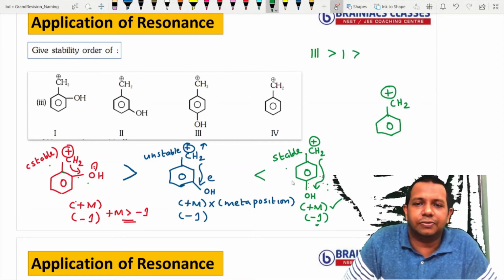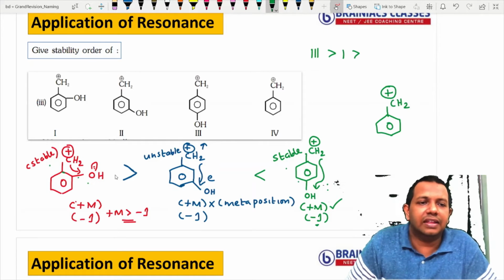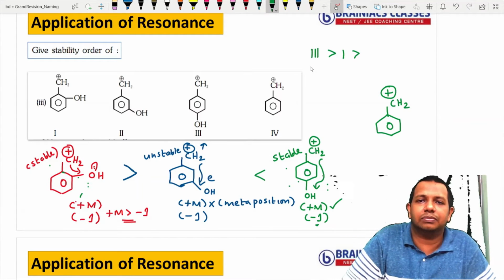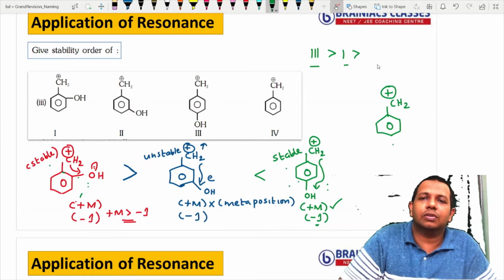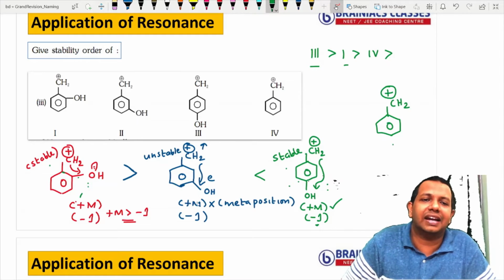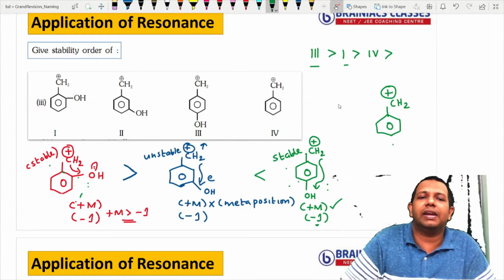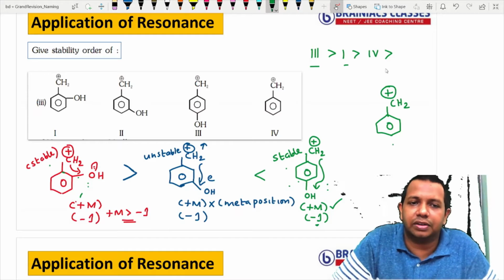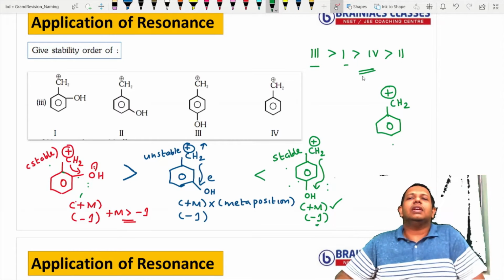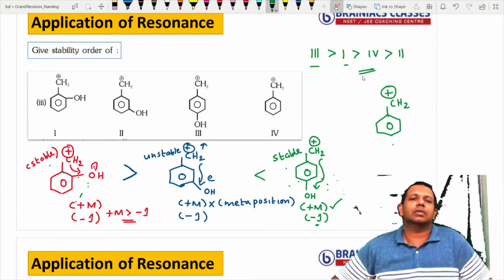So first comes the third one, then the first one, because in these two you are stabilizing by the plus M effect. But in the fourth one there is no plus M effect or anything. That's the reason why the fourth one comes next. But the second one is highly unstable because the minus I effect is very much dominant. So then comes 2. So this will be the answer: 3, 1, 4, 2.